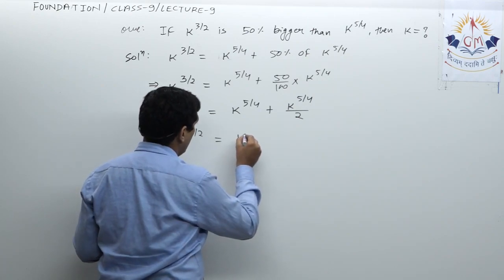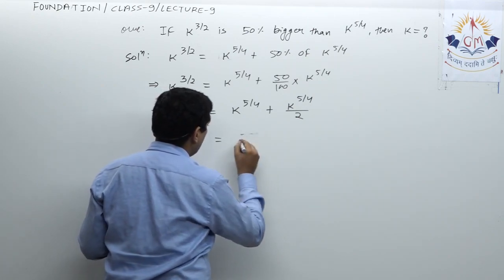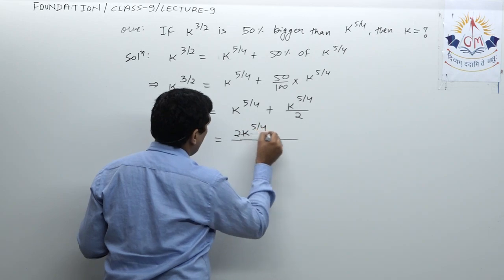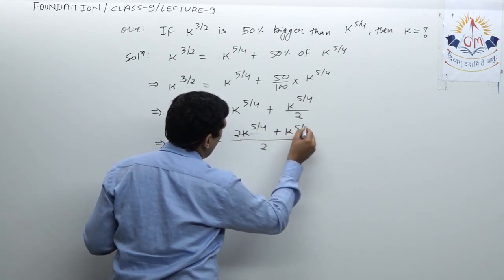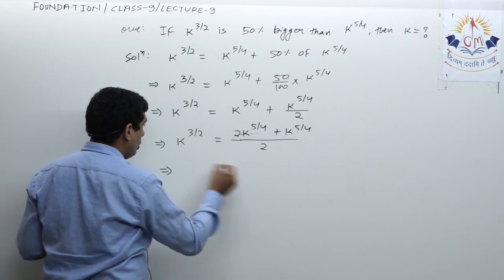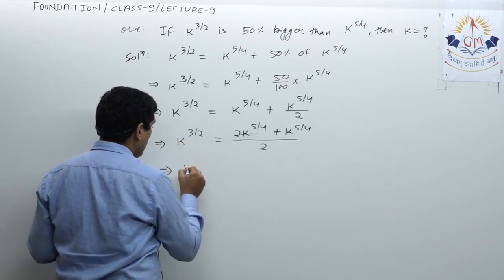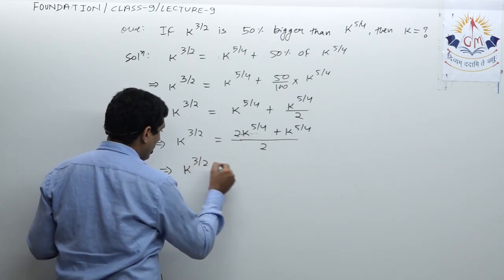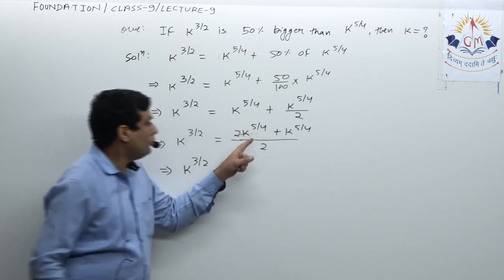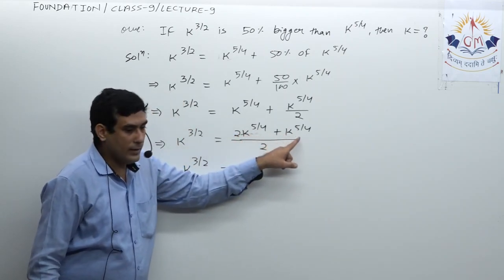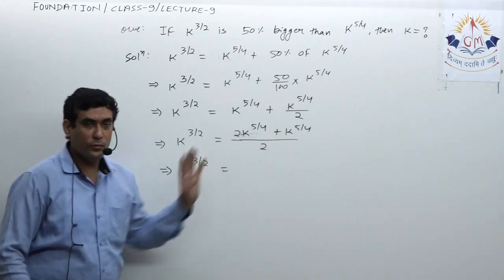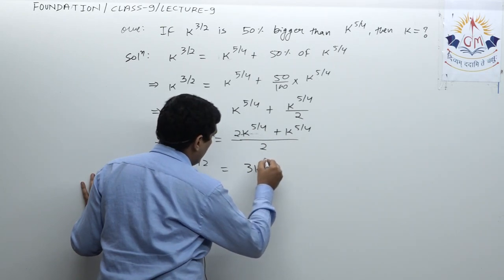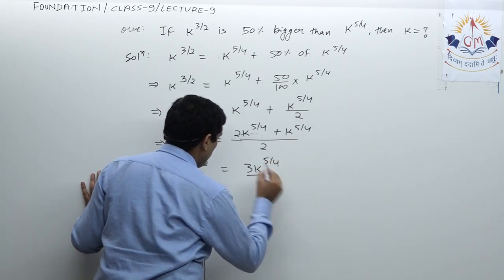So if I take the LCM, this will become 2 into k raised to 5 by 4 plus k raised to 5 by 4. Now this 2 I can take on this side, or let it be on that side only. k raised to 3 by 2 is equal to twice k raised to 5 by 4 plus k raised to 5 by 4, that means 3 times k raised to 5 by 4, upon 2.